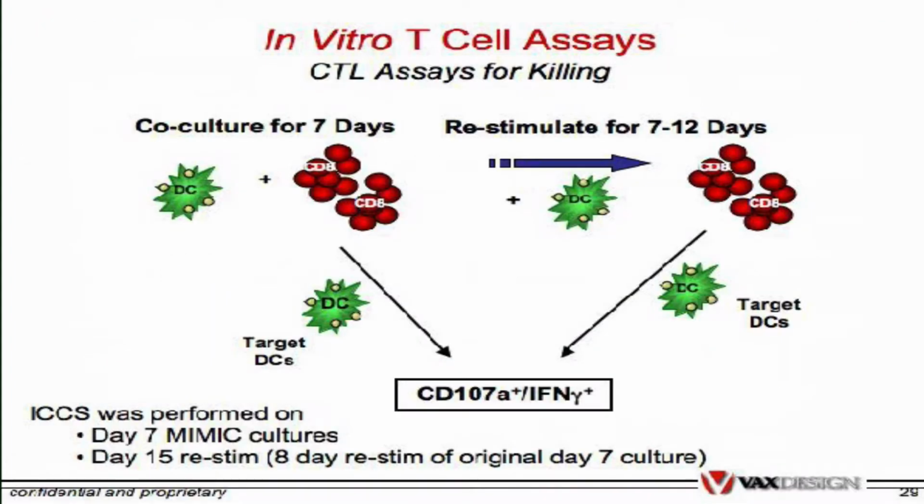In a very simple manner, we take our co-cultures, our DCs that have been loaded with antigen, put in with our CD8 positive T cells, and we'll re-stimulate these, which can be somewhat similar to a prime boost type of mechanism, and then we'll take and challenge these with target cells later on, and then look at degranulation and the function of these cells.